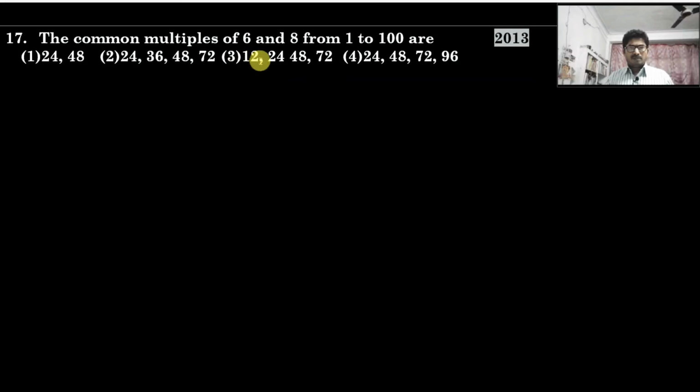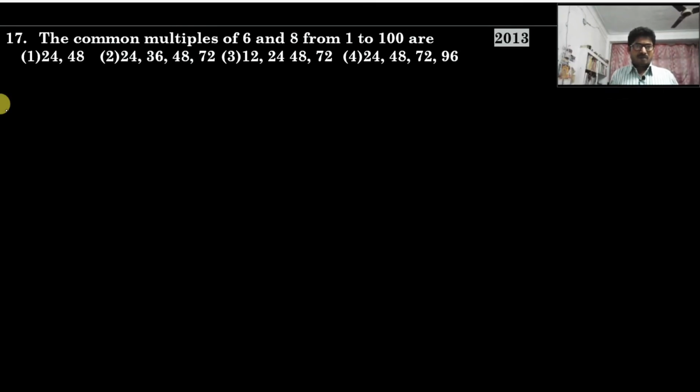The common multiples of 6 and 8 from 1 to 100. We have to write common multiples of 6 and 8 from 1 to 100.